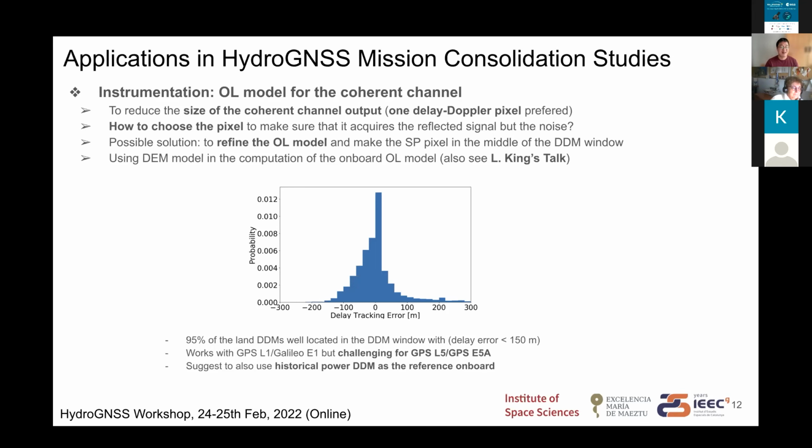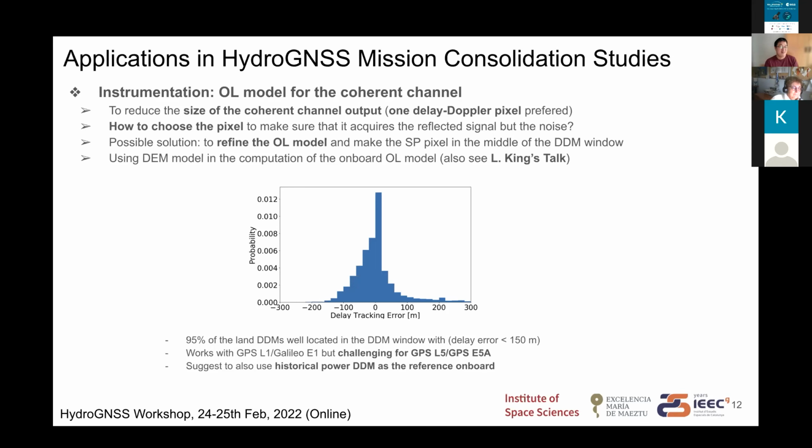As Lucy just explained, we can use an onboard DEM model for the computation of the open loop model. We also tried this approach in our receiver. It shows that with around 6 kilometers resolution DEM model, we can make 95% of the land specular points located in the DDM window, with a delay error smaller than 150 meters, or half of the C/A code chip.